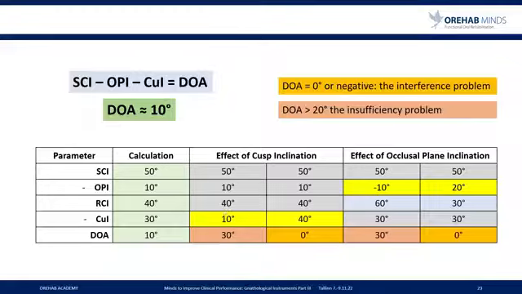If cusp inclination is down to 10 degrees, the disocclusal angle is 30 based on these parameters: sagittal condylar inclination 50 degrees, occlusal plane inclination 10 degrees. The same parameters, cusp inclination steep 40 degrees, gives 0. 0 means interference. 30 means insufficiency in occlusion.